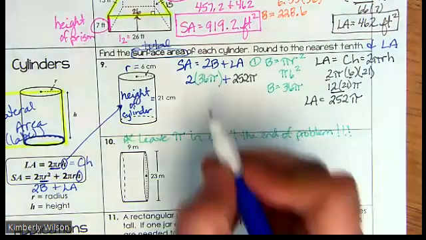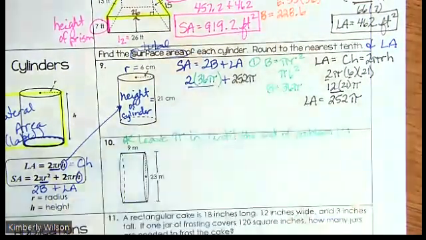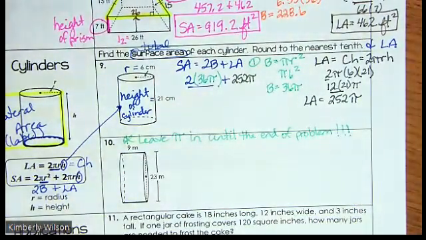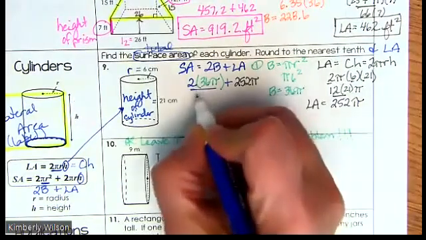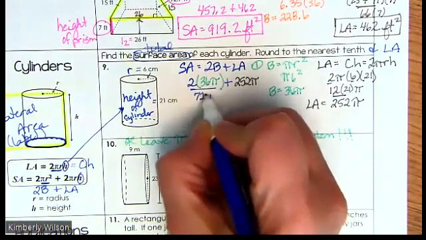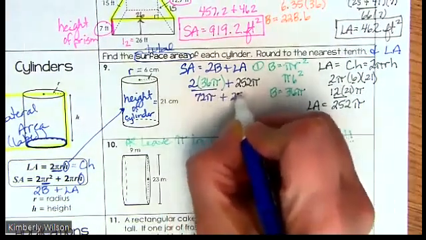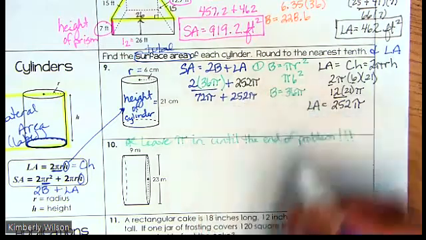And now we simplify. I multiply these two, and we end up with 72 pi plus 252 pi.